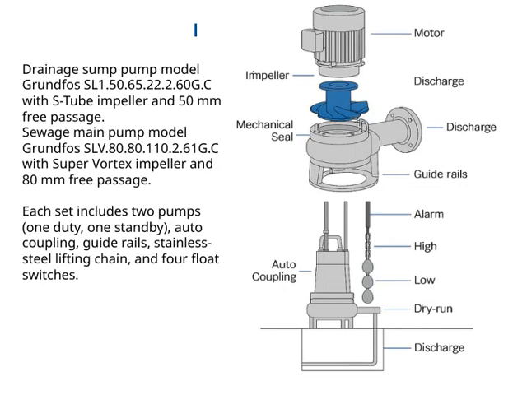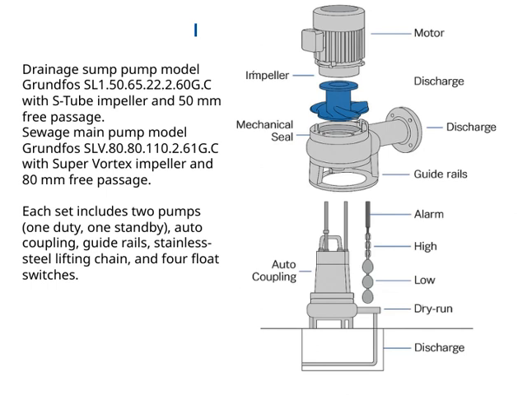Let's take a closer look at the pump selection for this project. We've chosen the Grundfos SL 1506522 260 GC model for the drainage sump pump. This pump features an S-tube impeller and provides a 15-free passage, which is crucial for handling solids and preventing clogging. It's designed to be reliable and efficient in drainage applications.